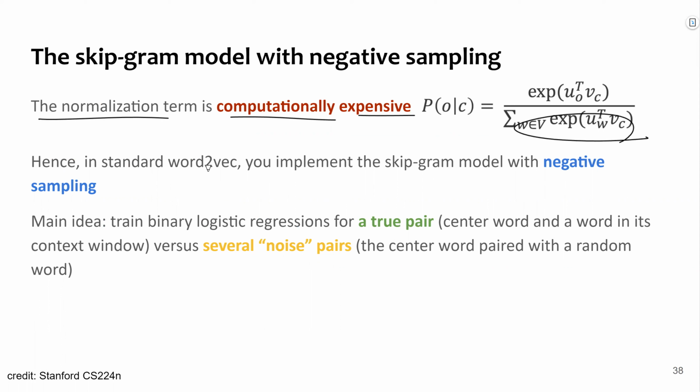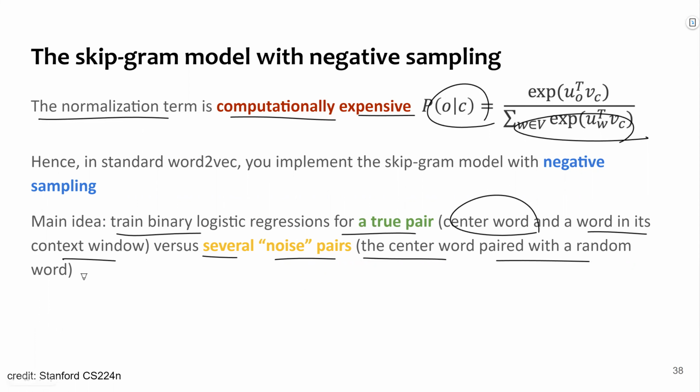Hence, in standard word2vec, you implement the skipgram model with negative sampling. The main idea is like this. Rather than training this softmax, we're going to train binary logistic regression for a true pair, the center word and a word in its context window, versus several noise pairs, the center word paired with a random word. Given the center word and a word in its context window, this model should output 1.